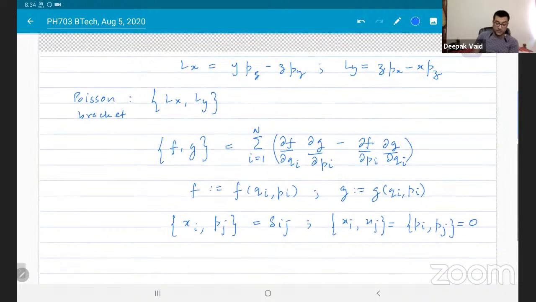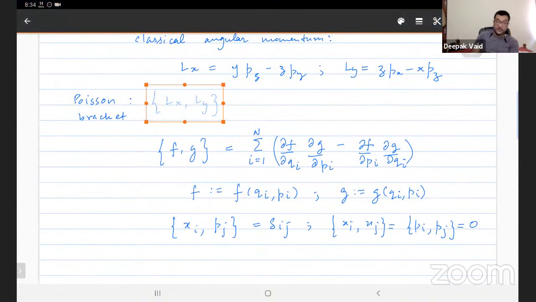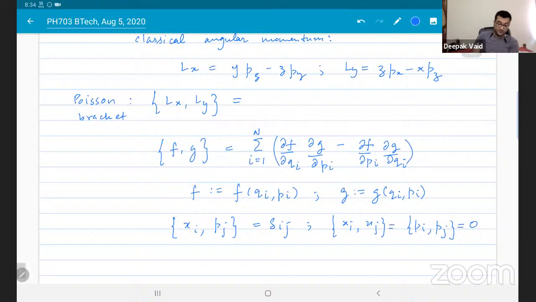Now I can ask what is the Poisson bracket of Lx with Ly. We are talking about a single particle. Well, we are in 3 dimensions, so there are 3 degrees of freedom, x, y, z. So how would I write down this Poisson bracket?